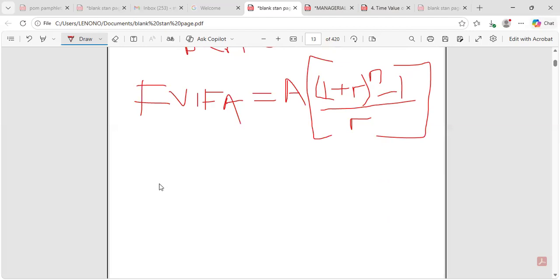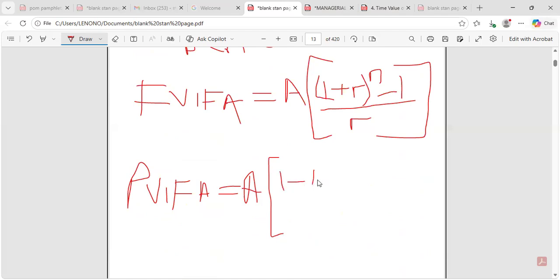Then we also have the present value interest factor of an annuity, which is an ordinary one, is equal to amount times 1 minus 1 plus r to the power negative n over r. So this is for ordinary annuities.